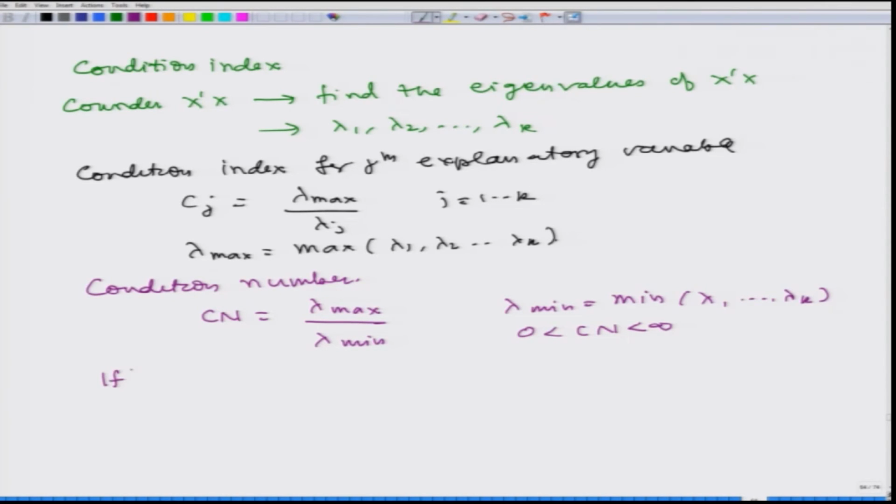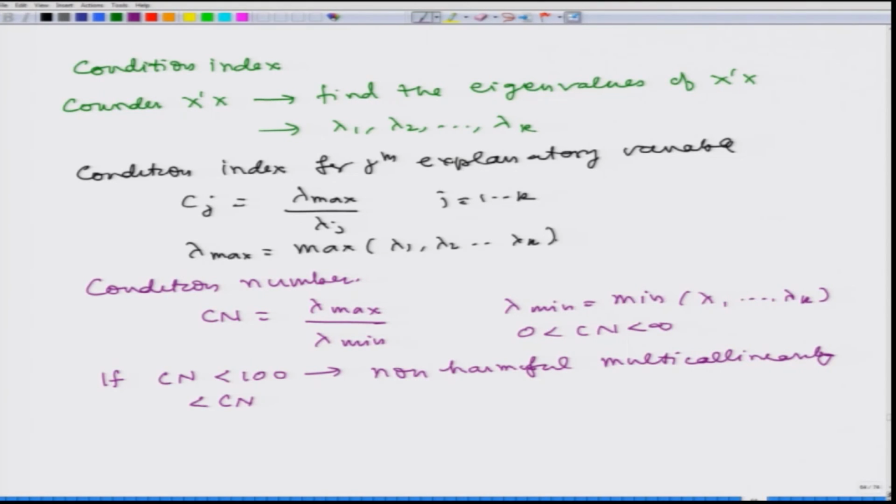So we can conclude that if the condition number is coming out to be less than 100, then this indicates that the explanatory variables are not correlated, or they are correlated very little, and in this case we can call it non-harmful multicollinearity in the problem.